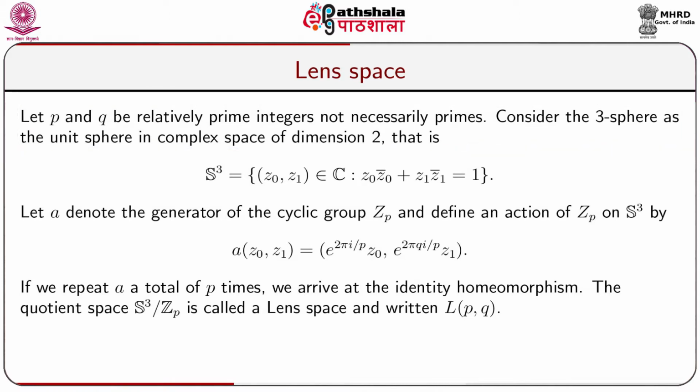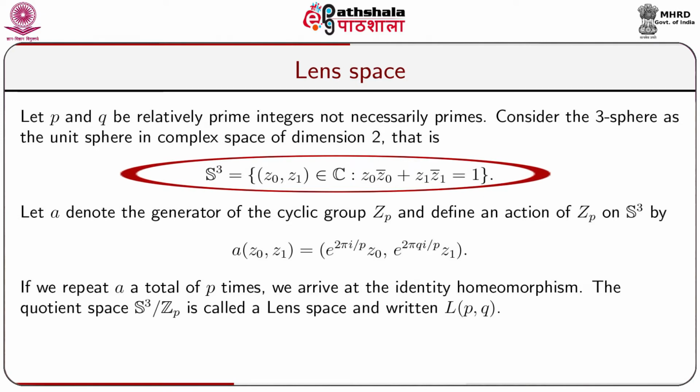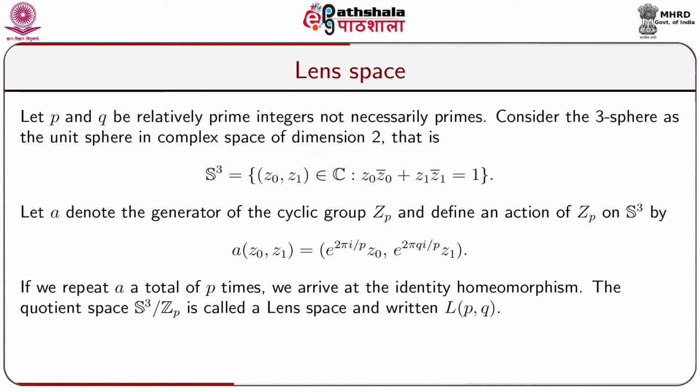Now let us consider the three sphere S3 in the complex space of dimension 2, that is S3 is equal to all (Z0, Z1) belongs to C Cartesian product C such that Z0 into Z0 conjugate plus Z1 into Z1 conjugate is equal to 1.